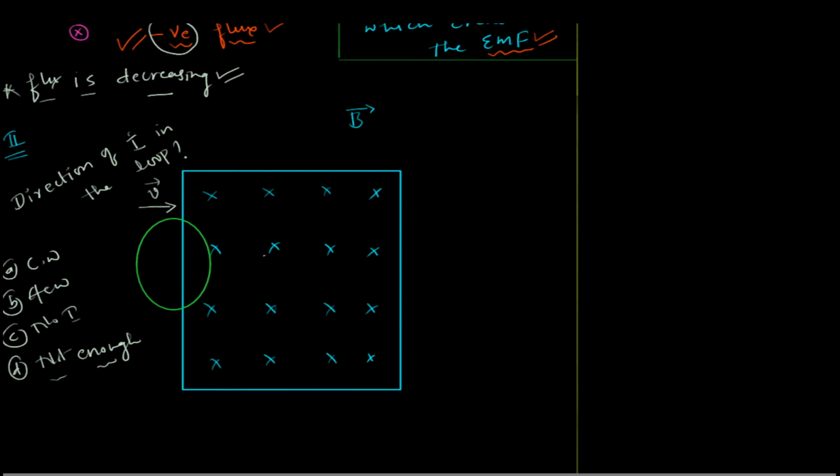That's a big question, right? So first of all, let's at least make sure that it's not C, that there is no current. Like there will actually be current is what I'm trying to say.